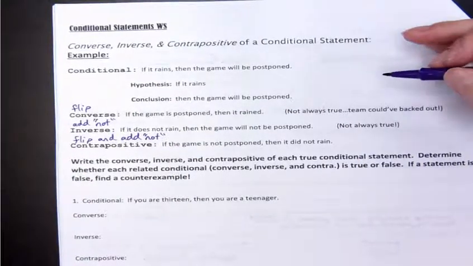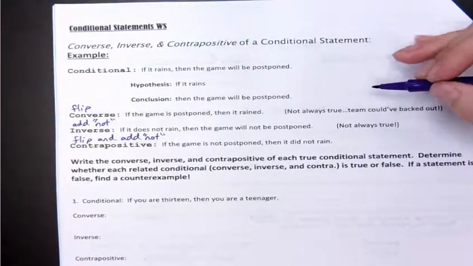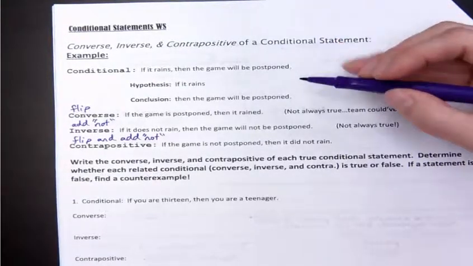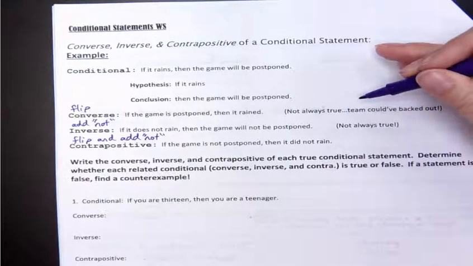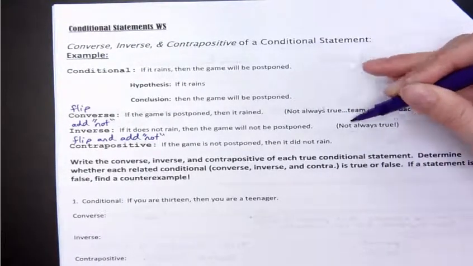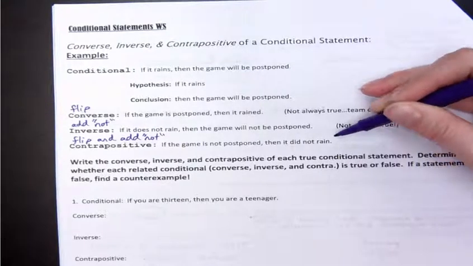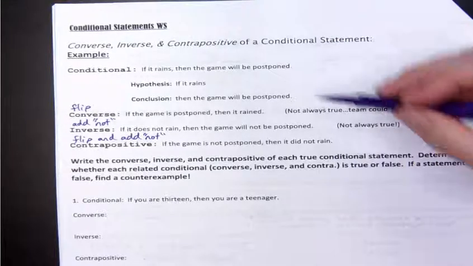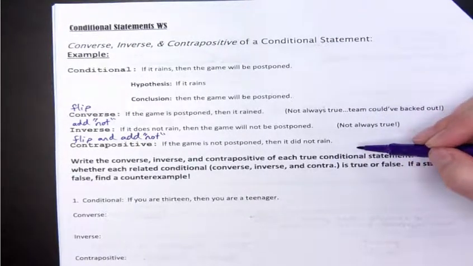Assuming the original statement is true, the converse, when we flip it, is not always true. The inverse isn't always true. The contrapositive has the same level of truth as the original, always. So if the conditional is true, your contrapositive will be true.